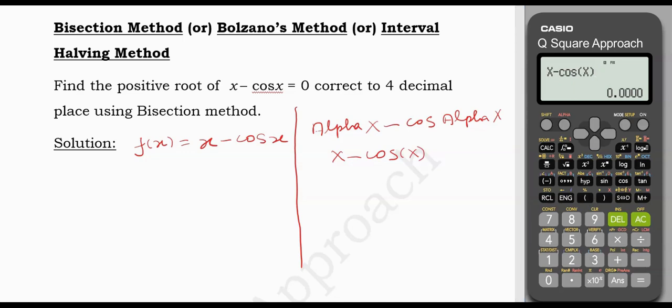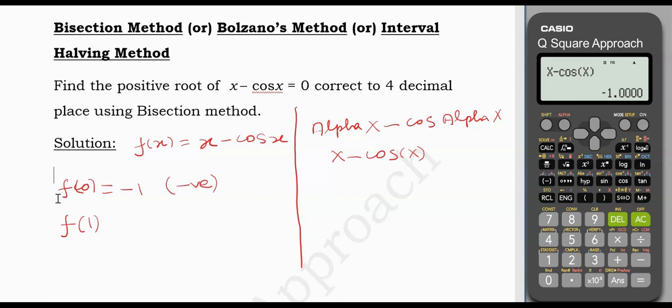Since we are looking for the positive root, we start with 0. Press calculation button, then give 0 for x. That is, f of 0 is equal to minus 1, this is negative. Next, f of 1, that is x is equal to 1.